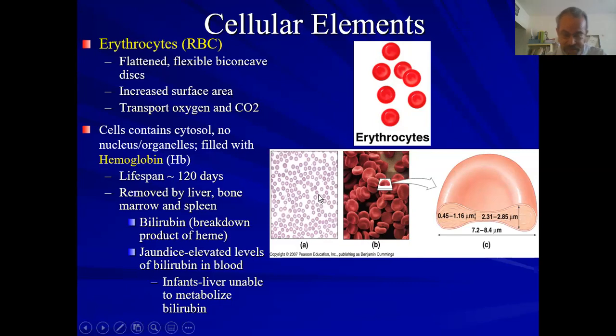So basically, the red blood cell is a sack full of hemoglobin. But that hemoglobin, of course, is very important because it's that hemoglobin that's involved in transporting oxygen and, to a lesser extent, CO2. This biconcave shape and the lack of organelles helps to increase the surface area of the red blood cell, which will maximize the amount of oxygen it can carry.